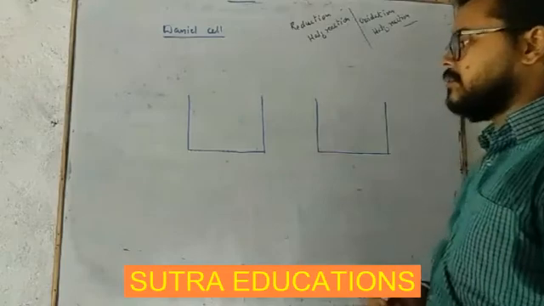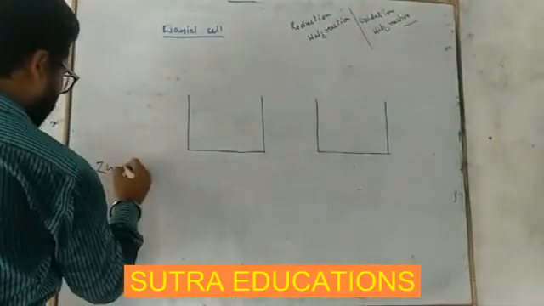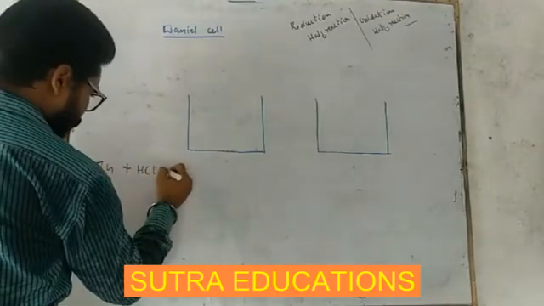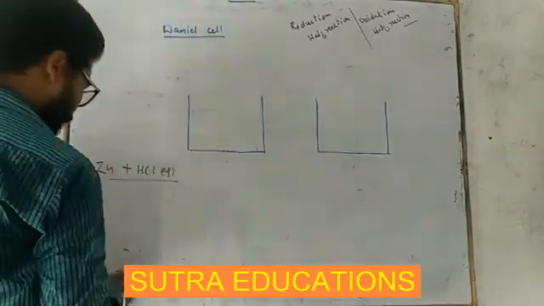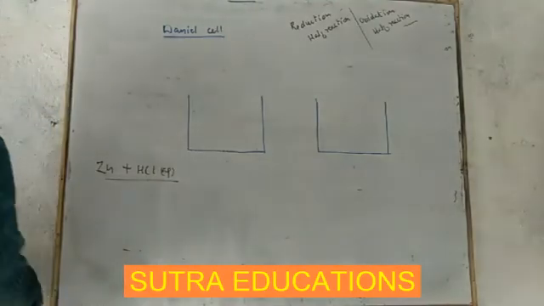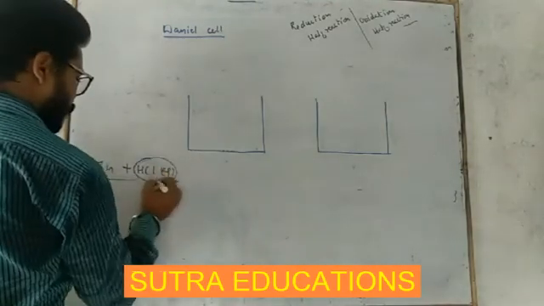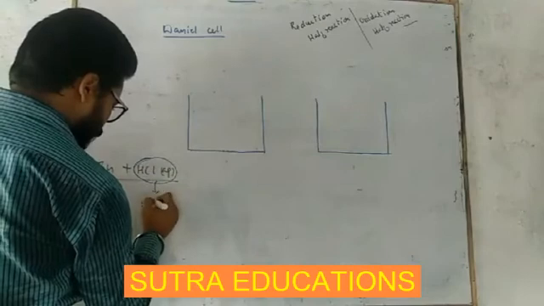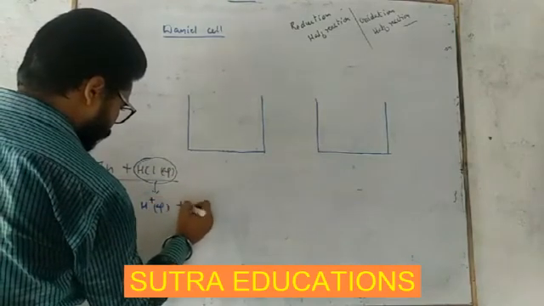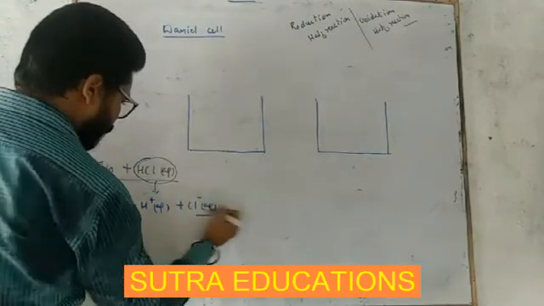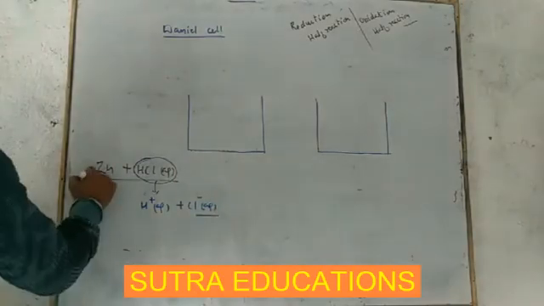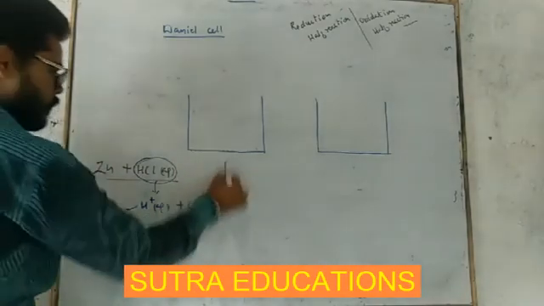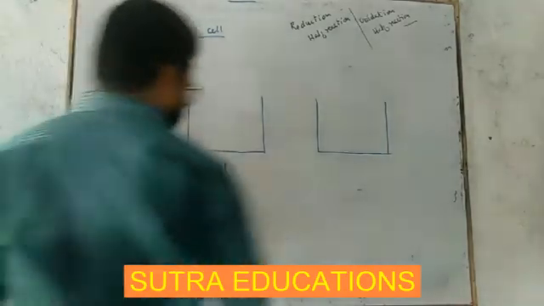For example, Zn plus HCl aqueous. We know HCl aqueous will break into H+ aqueous plus Cl- aqueous. So we have two things, Zn and H+ here. What happens?